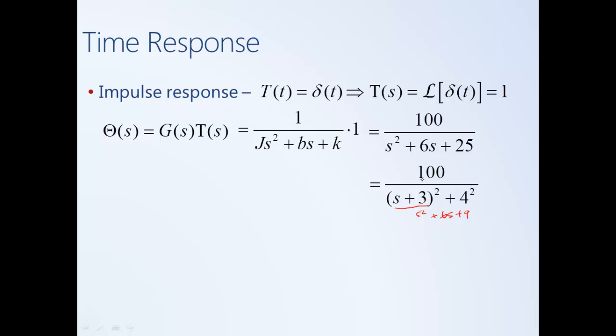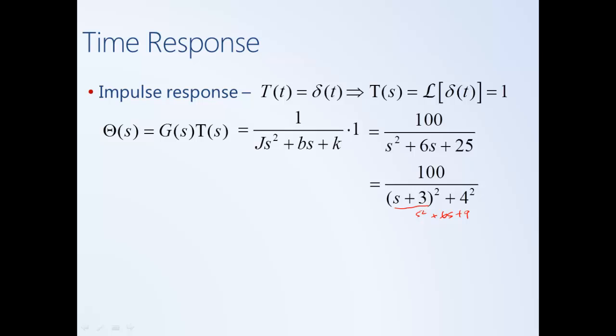Looking at this, you may remember that it has a similar form to a sine, where a sine is omega over s squared plus omega squared, but the shift in the Laplace domain corresponds to multiplication by an exponential in the time domain. But in order to get the form that we want, we need this coefficient to match this coefficient.